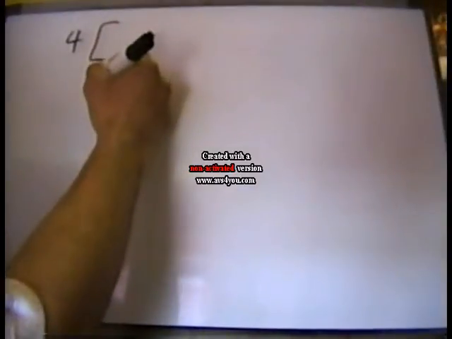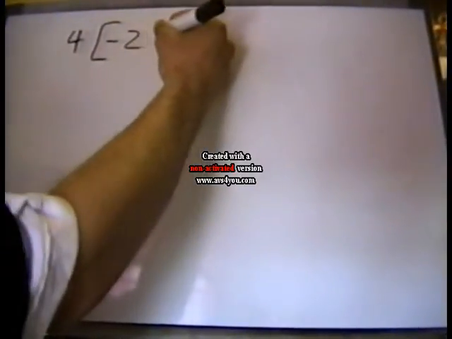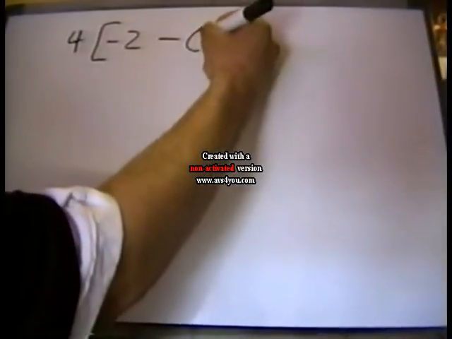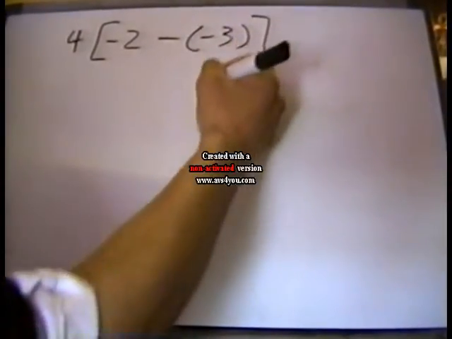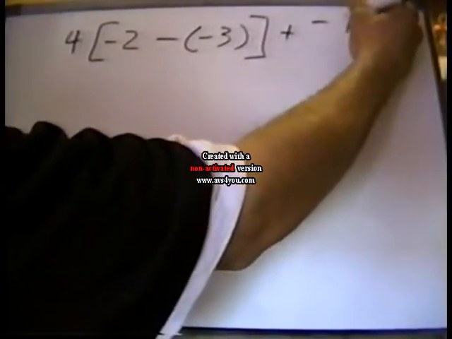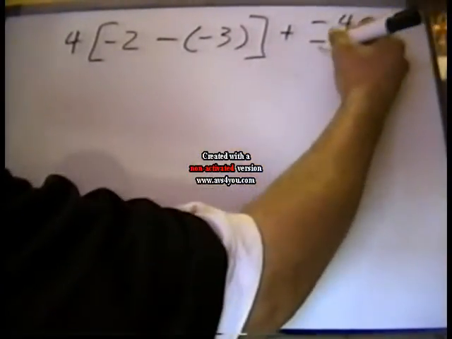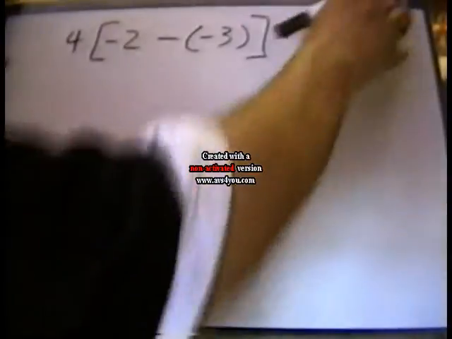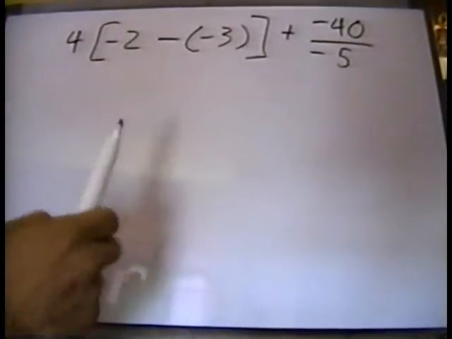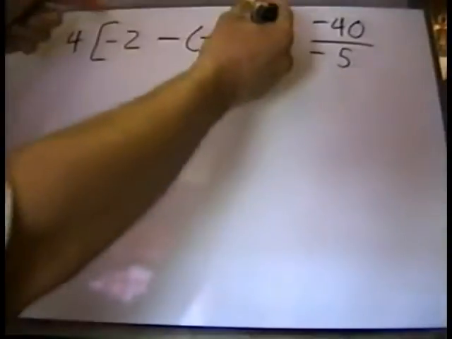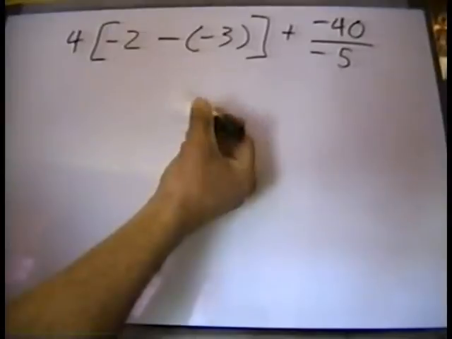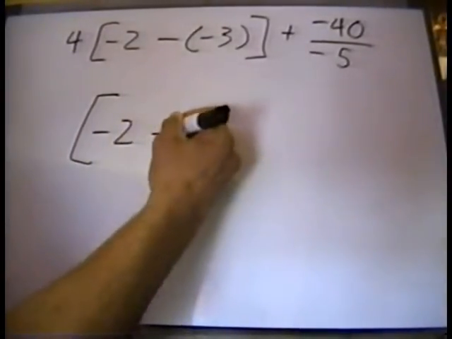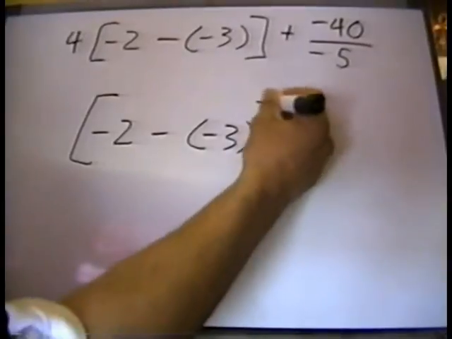Alright, now let's try 4 multiplied by what's in this grouping symbols here. Okay. Now first we're going to take care of what's in these brackets, in these braces. So what's within the braces is negative 2 minus negative 3, which is also in parentheses.